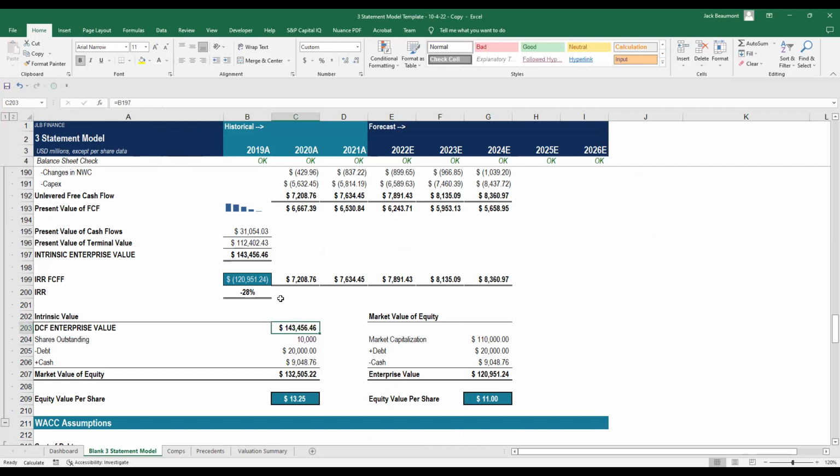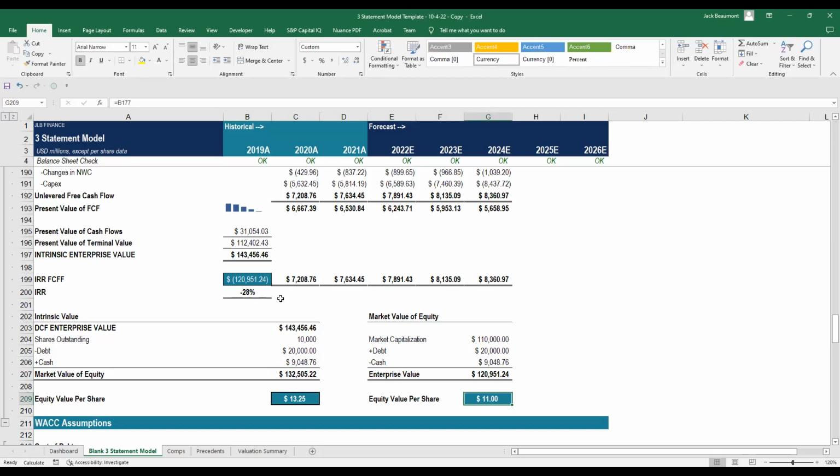So we get an enterprise value, shares outstanding 10,000, and then we get our market value of equity by subtracting our debt and adding the cash we have. Then we get an equity value per share of 13.25, which is higher than what the actual price is.